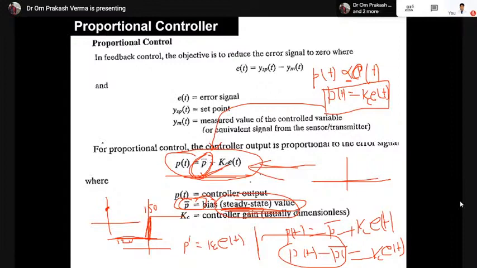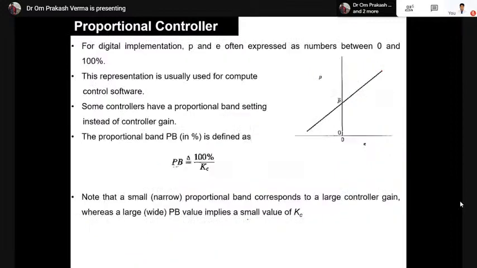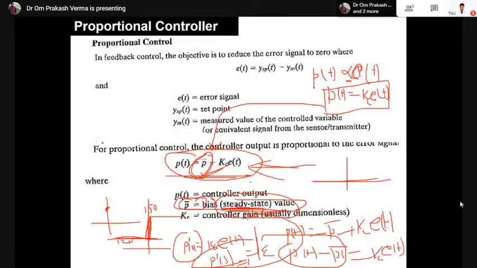And when you take the Laplace of this, then it becomes capital P prime S upon capital Es is equal to Kc. So this is the transfer function of this one.